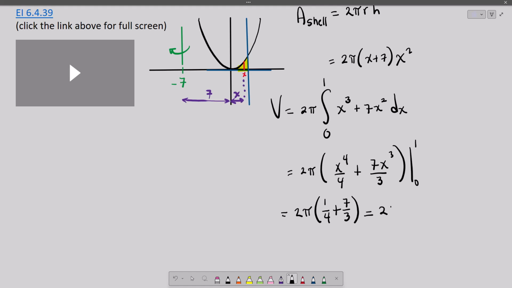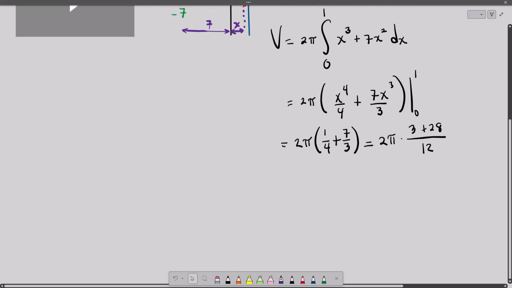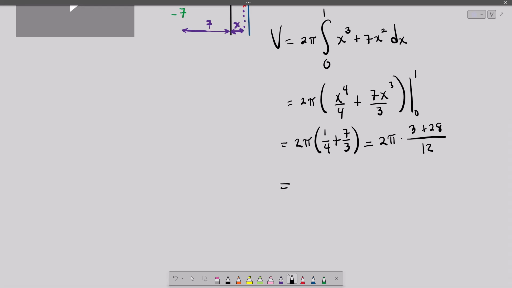Common denominator of 12. That one we multiply by 3 over 3, that one we multiply by 4 over 4. The top of that is 31 times 2. Oh, the 2's cancel. So 31 times pi divided by 6. That'll do it for us.